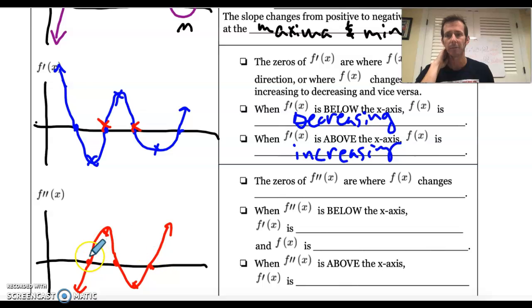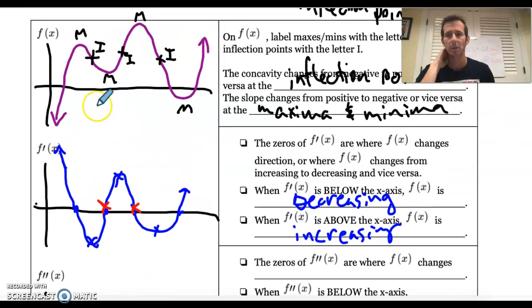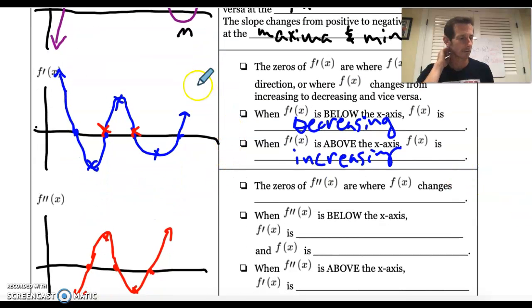If I go all the way back up to the function and trace all the way up, those 3 zeros happen to correspond to these 3 values right here. So the 3 zeros on the second derivative happen to correspond to where f of x changes concavity, AKA, they are the inflection points.